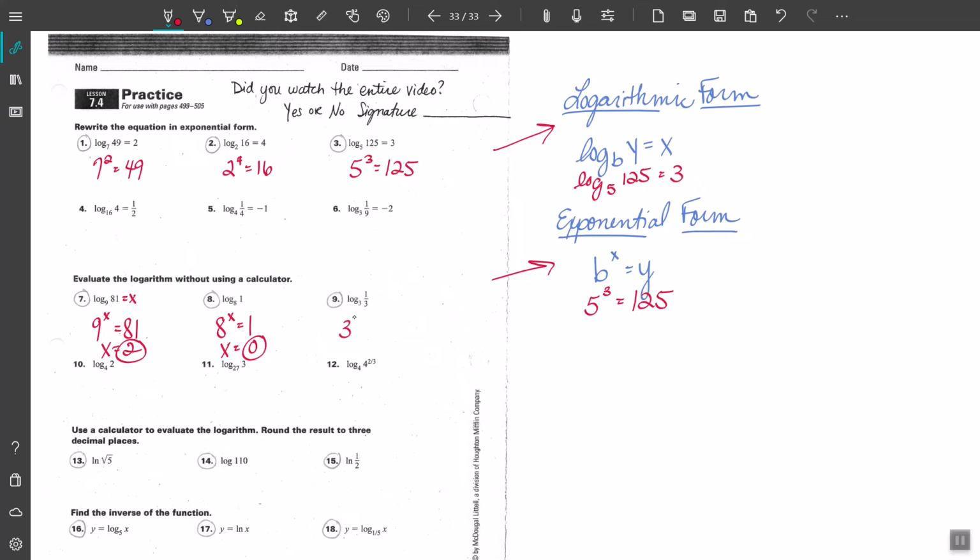I'm going to raise it to some exponent, and when I do that, I want to get 1/3. So if we think about the only difference between 3 and 1/3, they're reciprocals of each other. So if we made x -1, then that would require us to reciprocate that 3 into the denominator, and we would end up with 1/3. So here our x is -1.